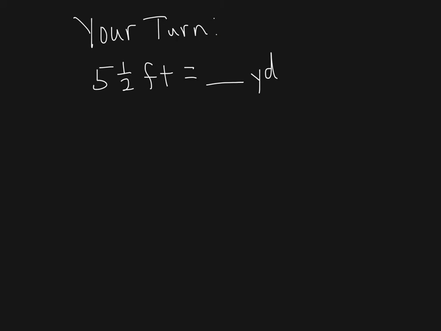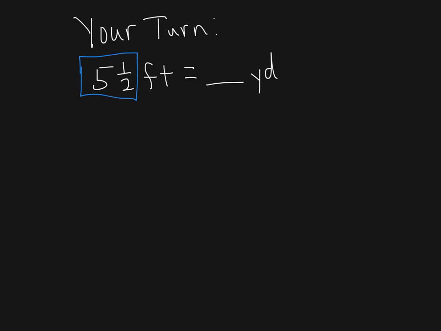All right, here is a similar one for you to do. 5.5 feet equals blank yards. So we're using the same units that I just used in my example. So you should know what we're going to multiply by. The only thing that's a little more difficult about this one is, of course, we've got a mixed number instead of a whole number here.